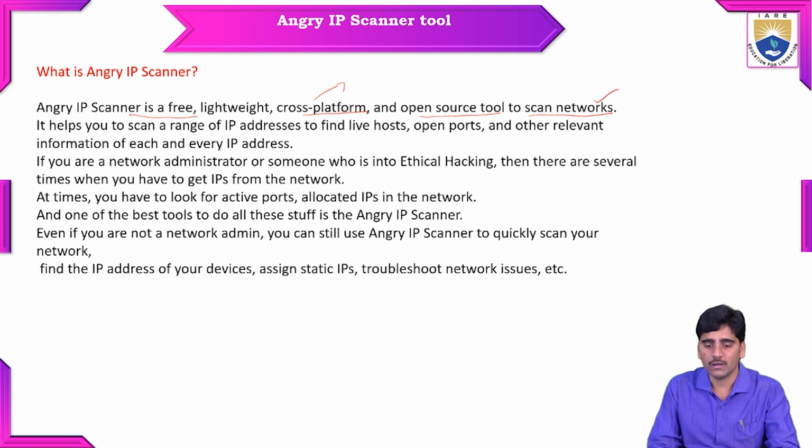It is not a heavy software, and it costs nothing. Because of that, we can say that it is free, lightweight, cross-platform, and open source software. Anyone can download it and use it to perform scanning of networks.